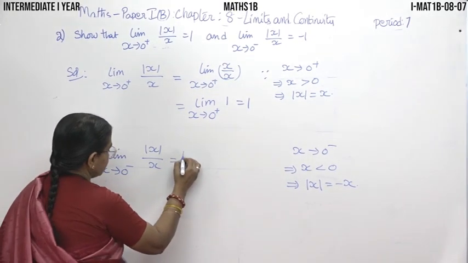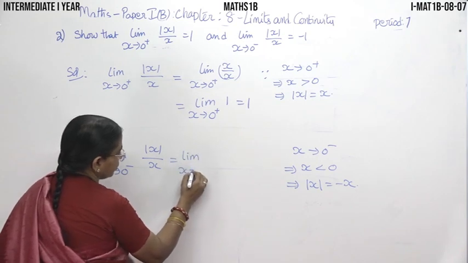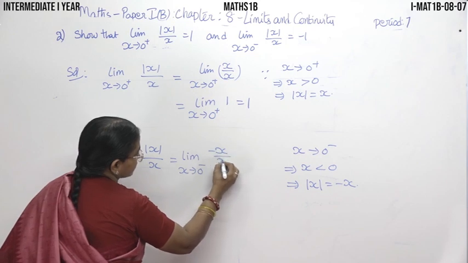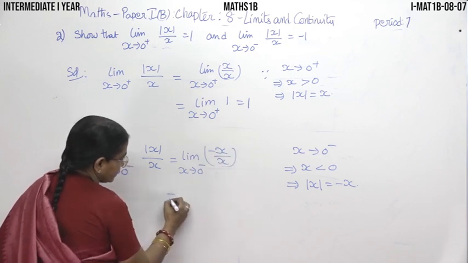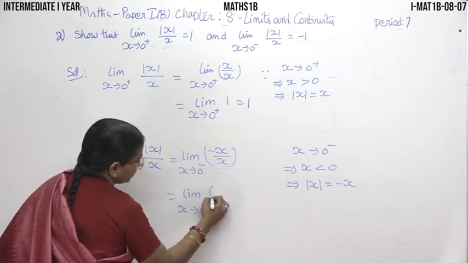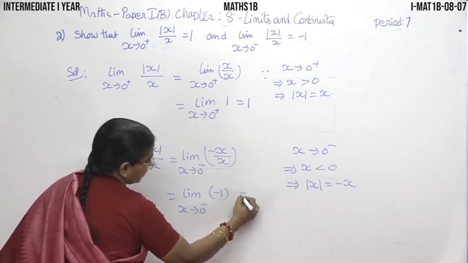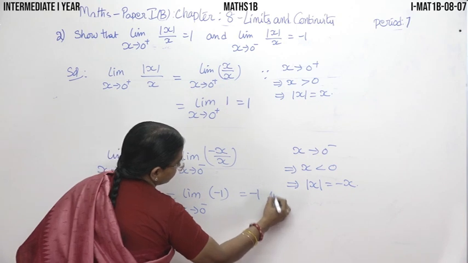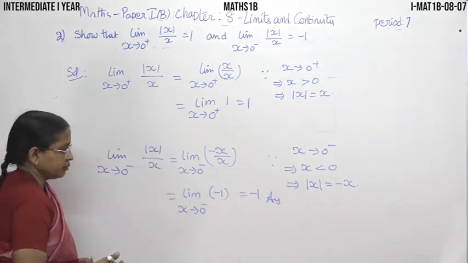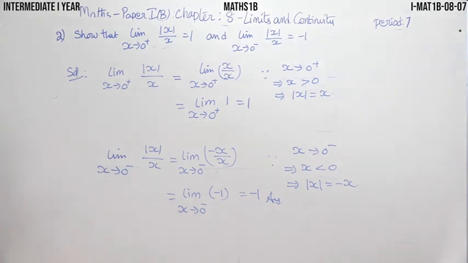So we'll write this as limit as x tends to 0 minus of -x/x. So x gets cancelled. So it is limit as x tends to 0 minus of just -1. For a constant, the limit is -1. These steps you should write, and this part is very simple.